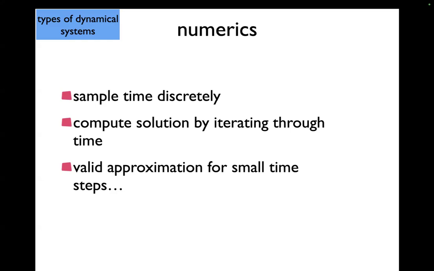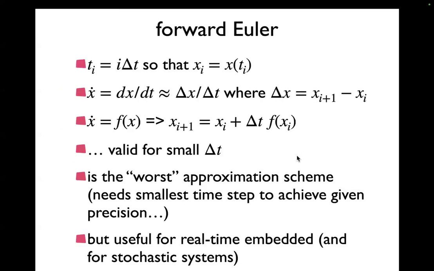And therefore, the notion is that if you do these with sufficiently small time steps, then it approximates the continuous time solution. This is based ultimately on the so-called forward Euler solution, even though that is a very bad numerical procedure, but it conceptually makes it understandable.